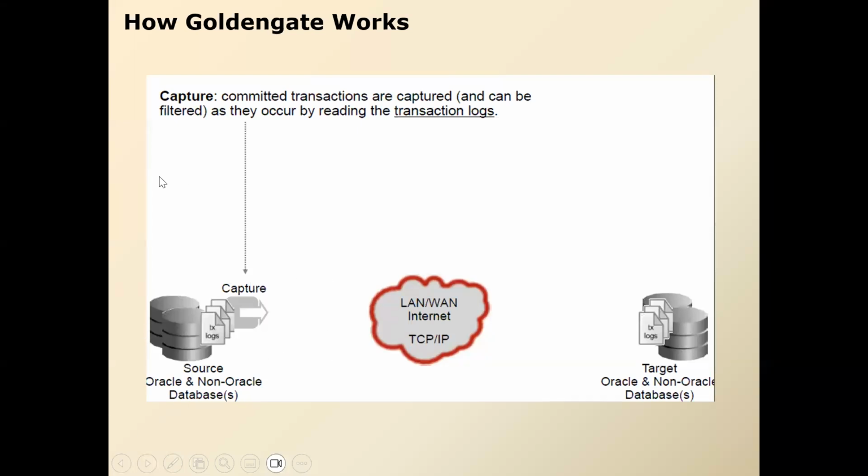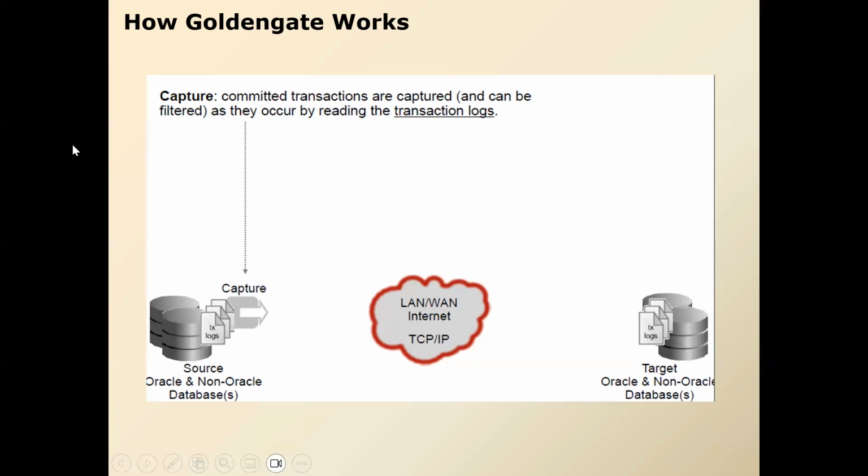So what happens is when you configure GoldenGate, there is the GoldenGate capture process. This capture process is also called the extract process. During the training, whenever we use the term capture or extract, they are used interchangeably. Same way, apply or replicat are also used interchangeably.